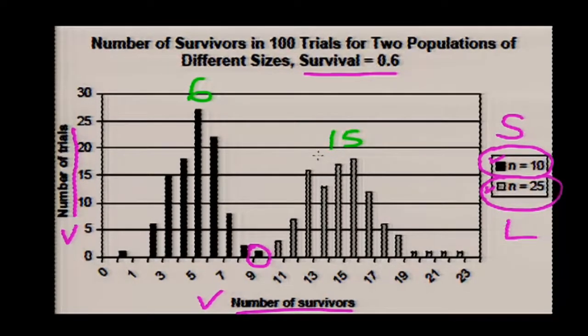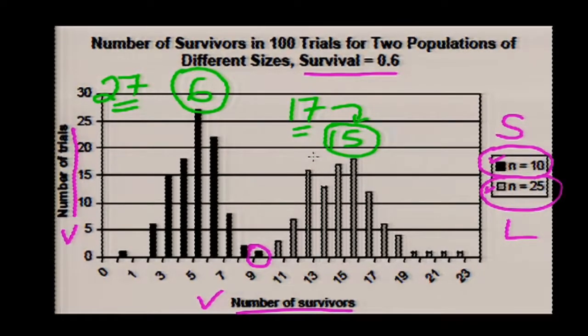But if you look at these results here, what we find is that we had only 27 trials now resulting in our expected value for our small population. And we actually had 17 trials that resulted in, here, our expected value. If you look closely now, you can see that there's a huge amount of variation in terms of the numbers that we received.